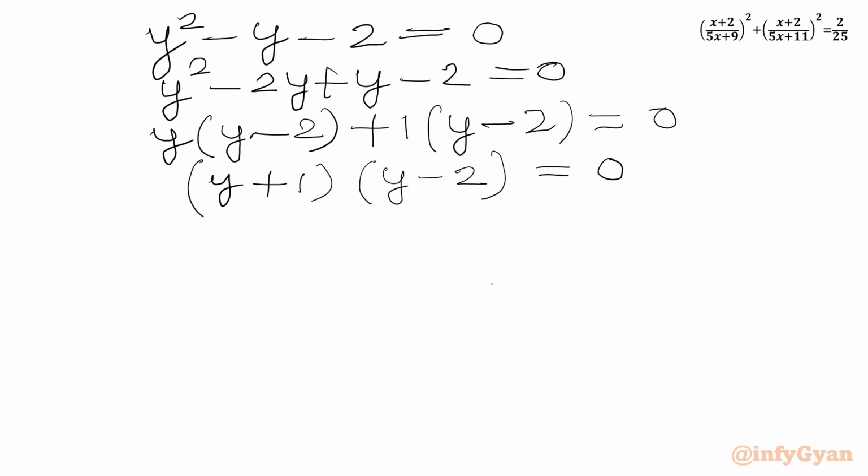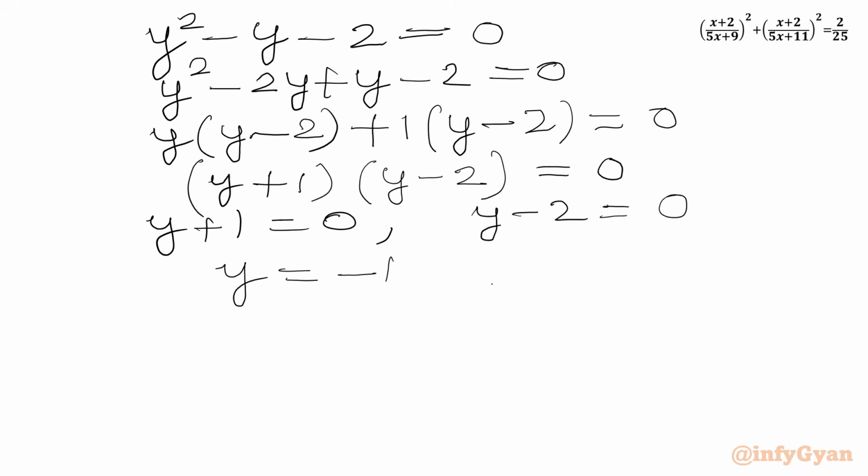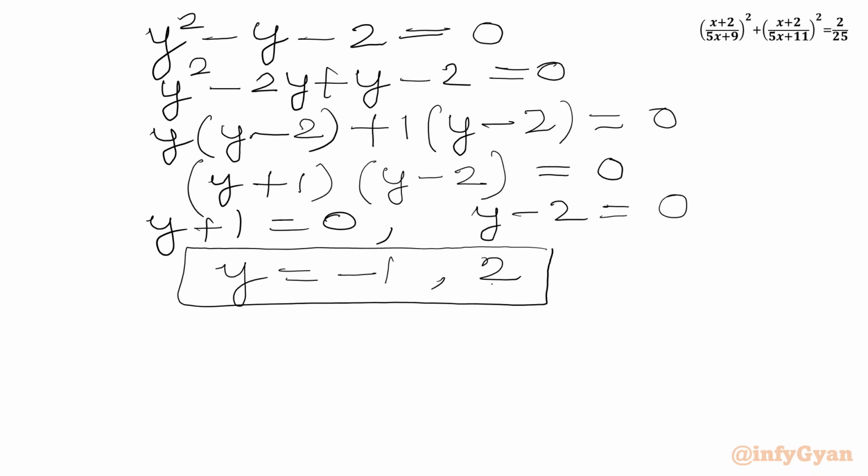Using the product zero rule, either y plus 1 equal to 0 or y minus 2 equal to 0. So we get y equal to negative 1, and from the second equation y equal to 2.